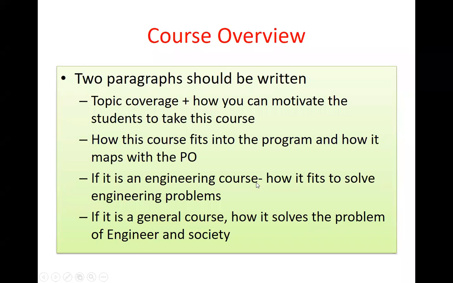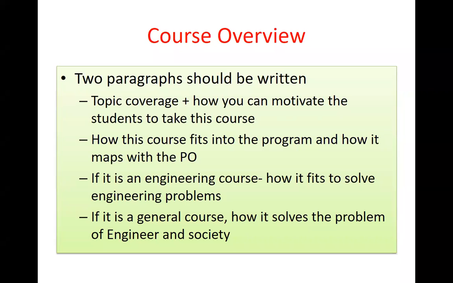And if it is an engineering course, how it fits to solve the engineering problems. This is also related to the program outcomes provided by the NBA. There are 12 program outcomes, and most of our courses will map to the first 5 program outcomes, because the first 5 program outcomes deal with the cognitive domain or the knowledge domain.